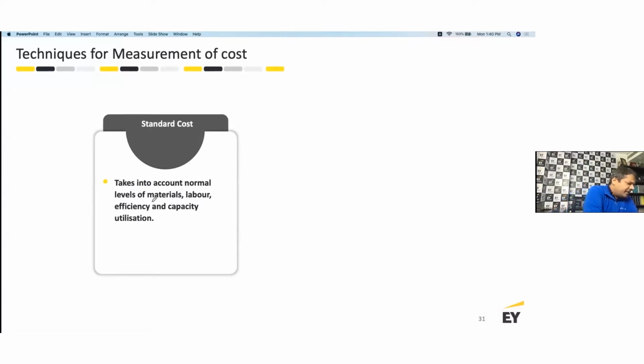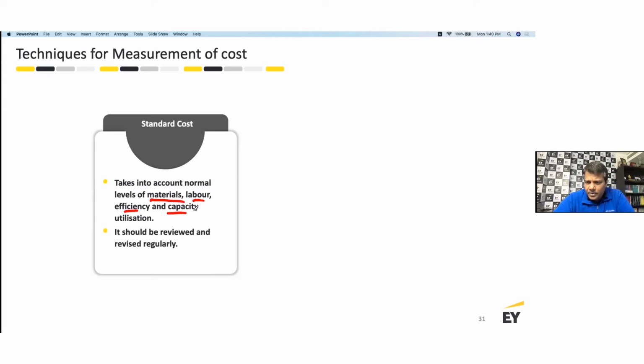Instead of figuring out cost for every piece produced, you box your factory with standard output, standard cost, standard labor, and other overheads, and then you figure out your cost of production and approximate. You test whether your assumptions are appropriate or not; it should be reviewed and revised regularly.